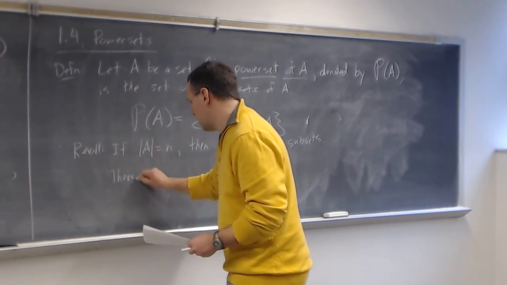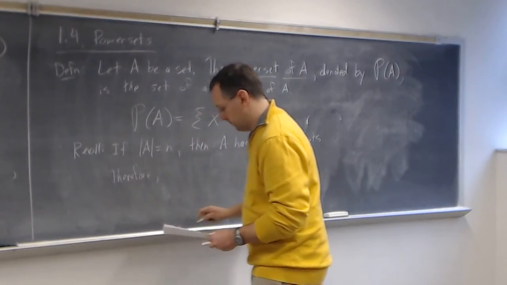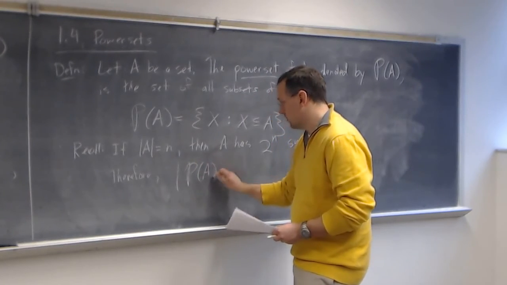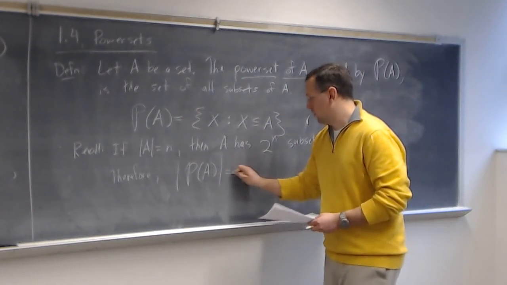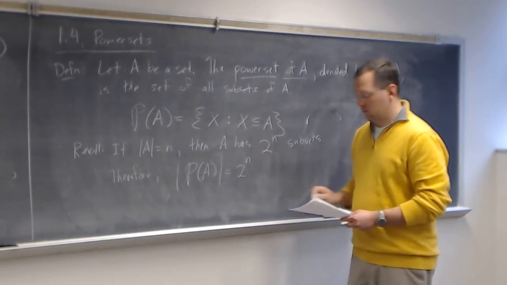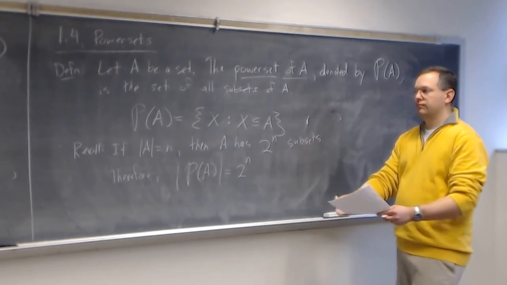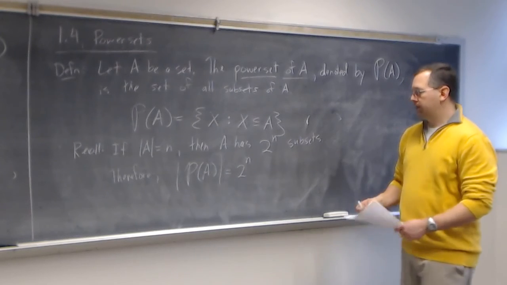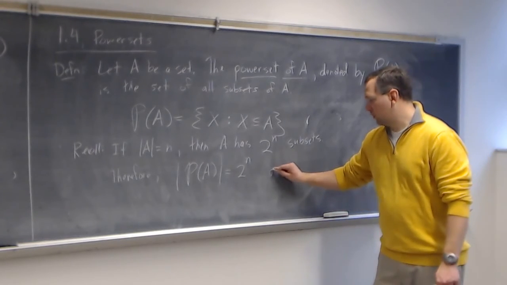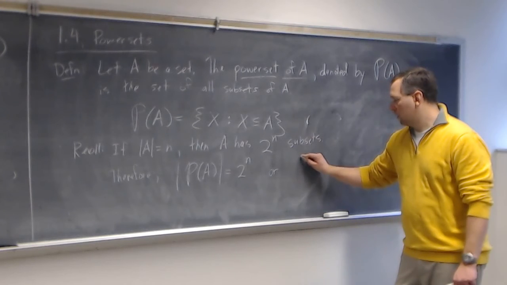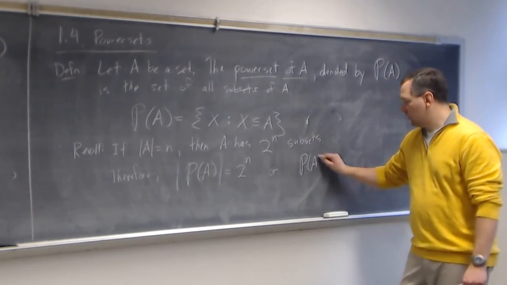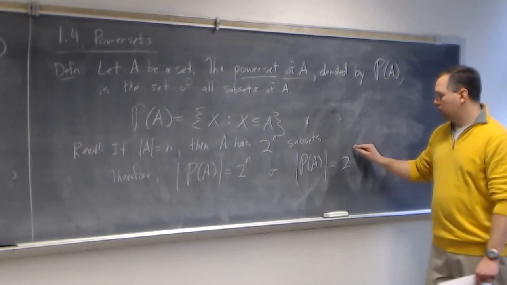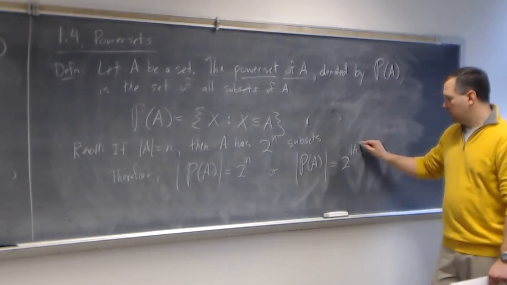Therefore, the size of the power set of A is 2 to the n. Some people write it like this: the size of the power set of A is 2 to the size of A.